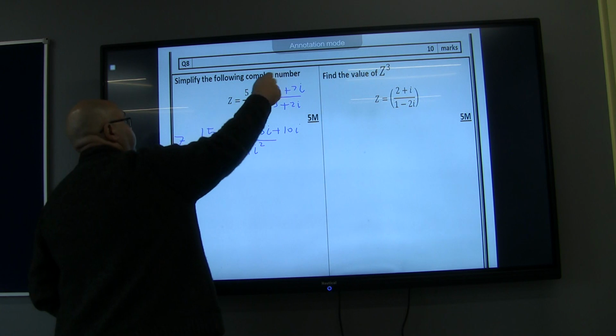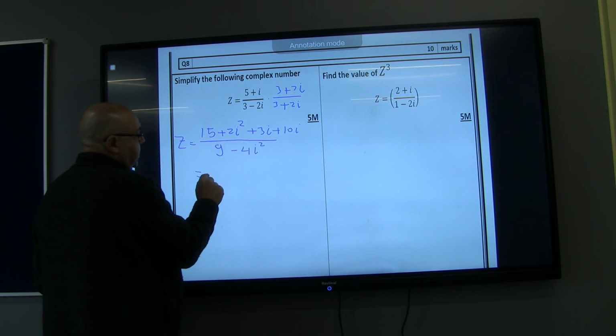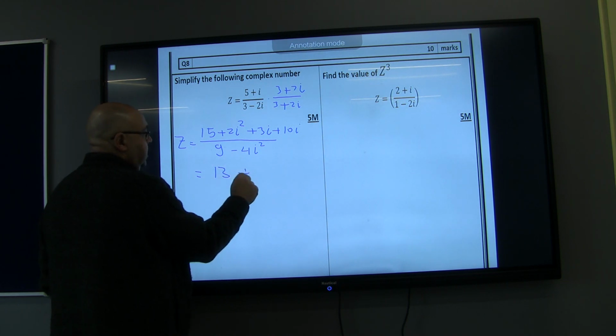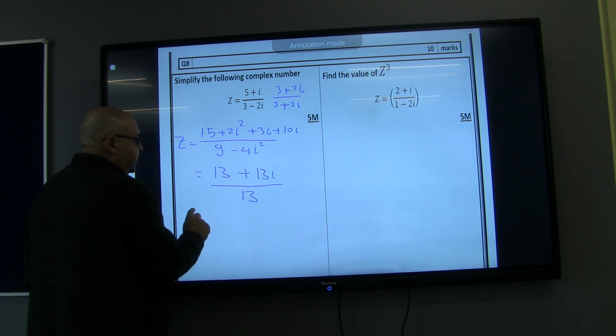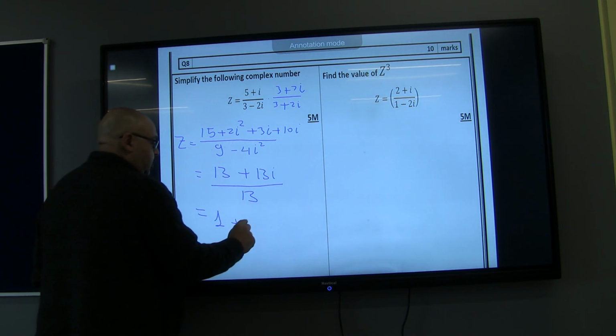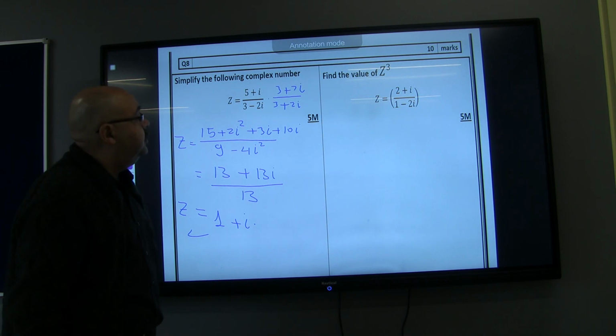You will have 5 times 2i, 3 times i, in this way. So you will end up having 13 plus 13i, all of them divided by 13, you will have 1 plus i, simply z, and there are 5 marks dedicated for this problem. The other problem is done in exactly a similar manner.